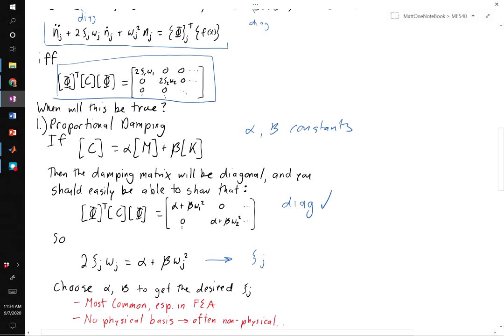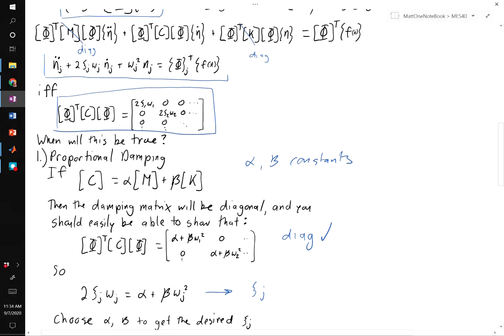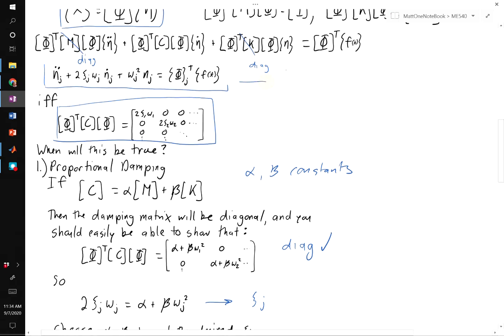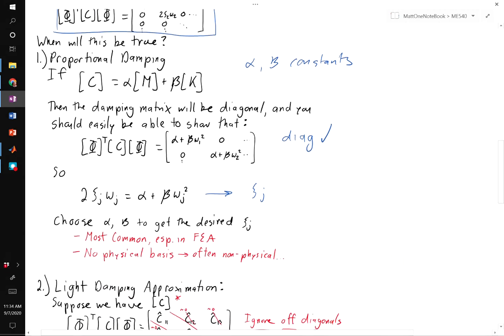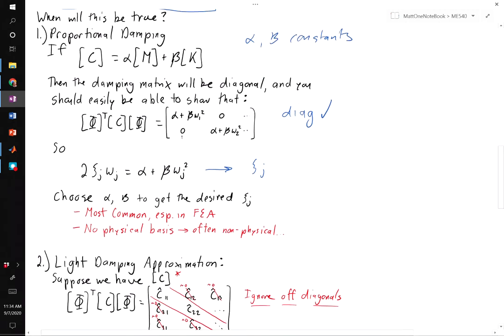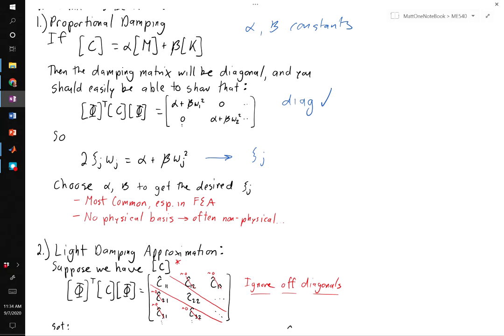And in this case, we can guarantee that these uncoupled equations are in fact exact, and when we solve them, we'll get the exact response of the structure. So this is commonly used. You'll especially see this in finite element packages when you need to put damping into a finite element model. The downside is that there's really no physical basis for this.